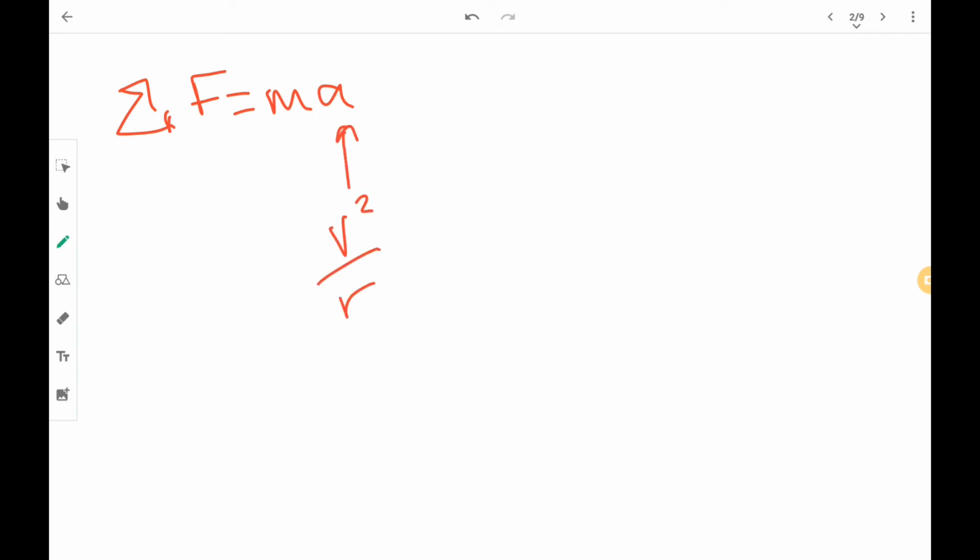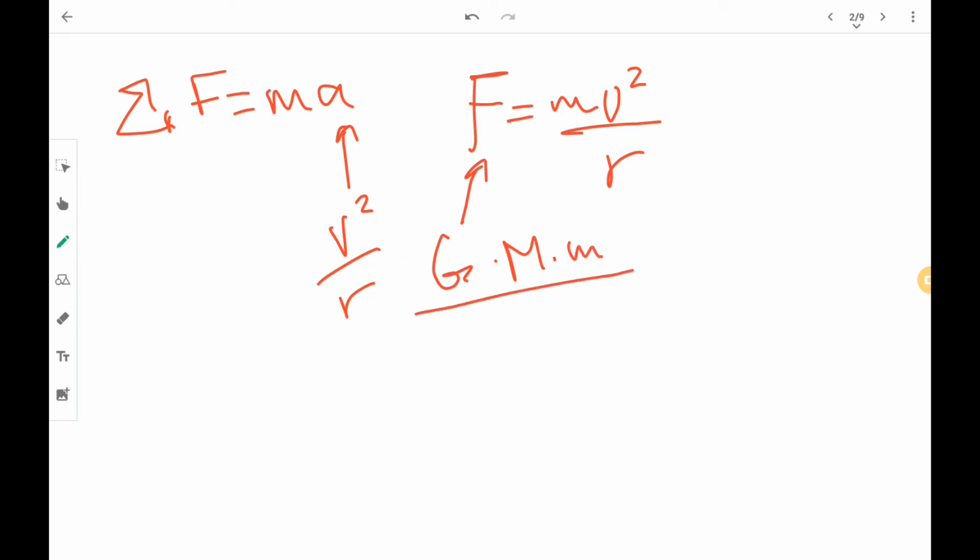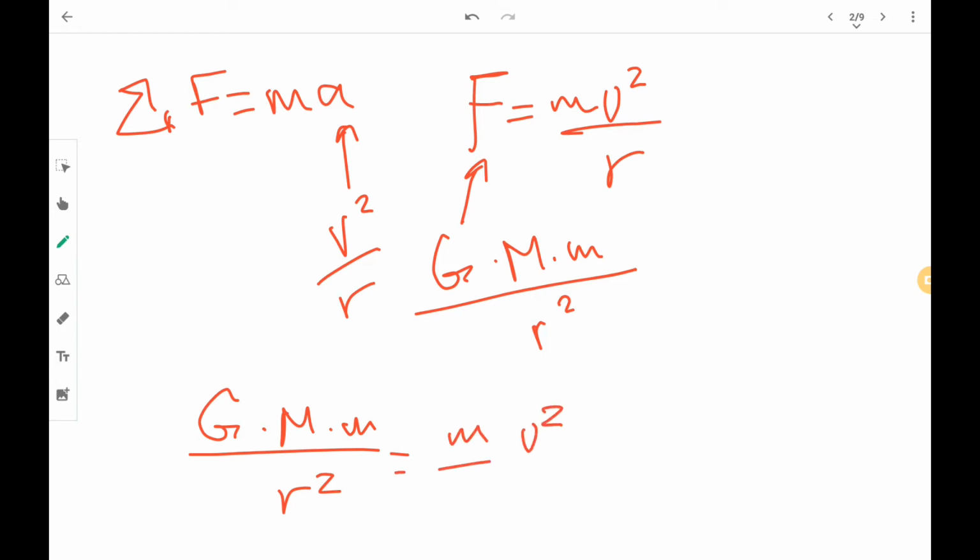So you have F equals m times v squared over r. This is also equal to G times M over r squared. So we have GM over r squared is equal to m v squared over r.